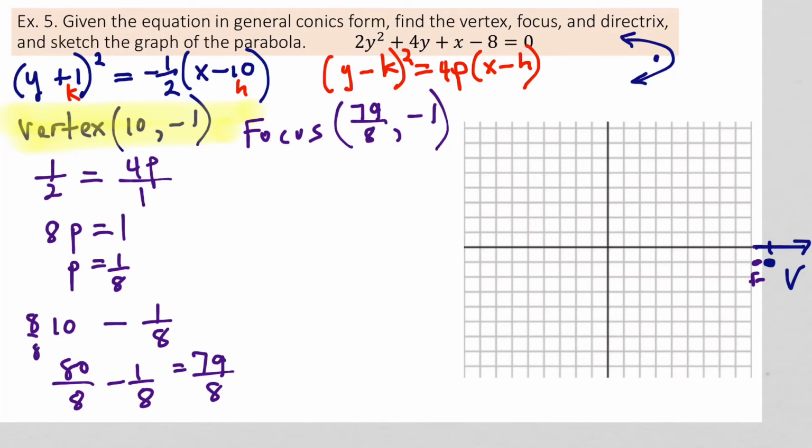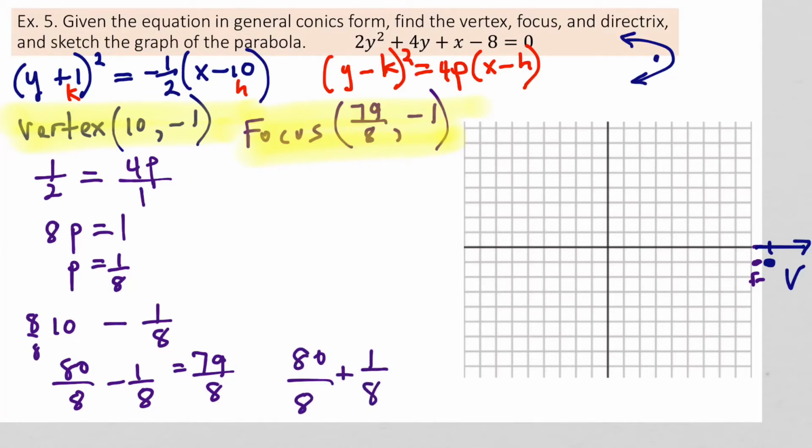Now we can do the directrix. So I'm going to keep this here because I can use this same setup to go the other way. So if I went to the left, I subtracted 1/8 to get 79/8. And if I go to the right to get my directrix, I'm going to add 1/8 to go to the right.